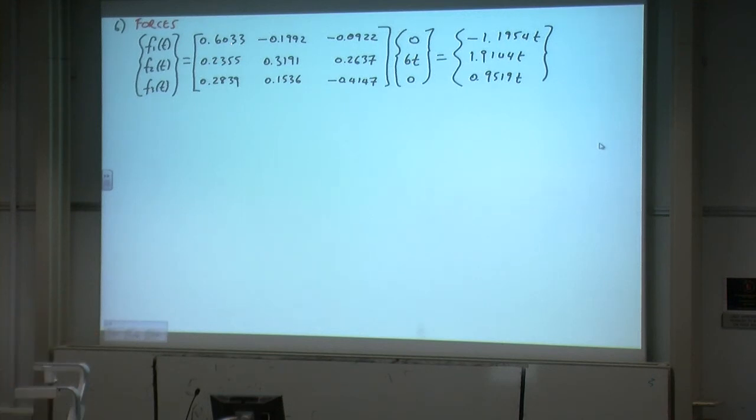So we've got this times 0, plus this times 6t, plus this times 0, which gives us the minus something times t. And then you go through the same process for each of those lines of the modal matrix transposed to get the values for the forces.